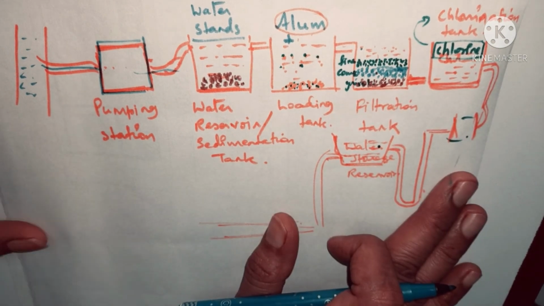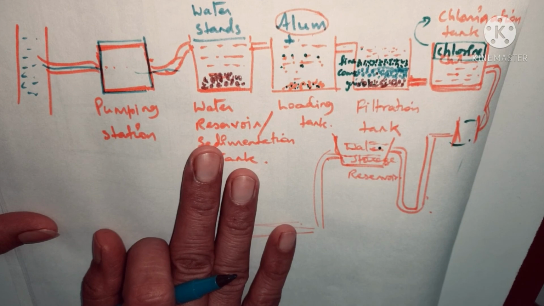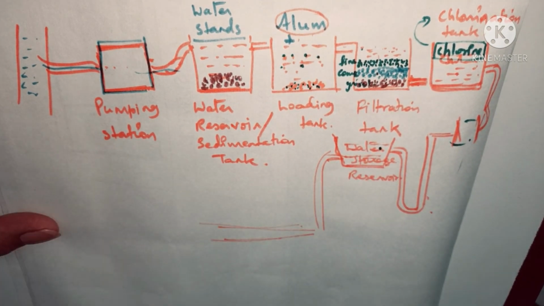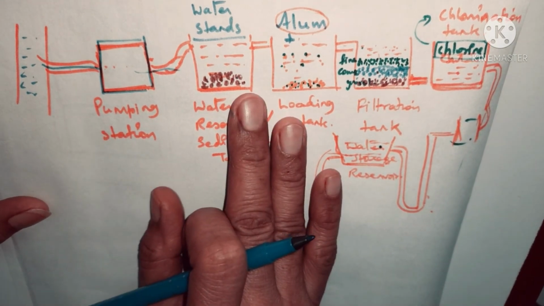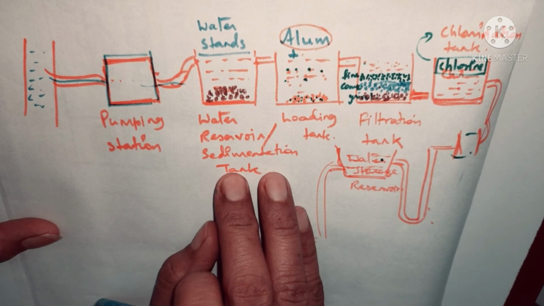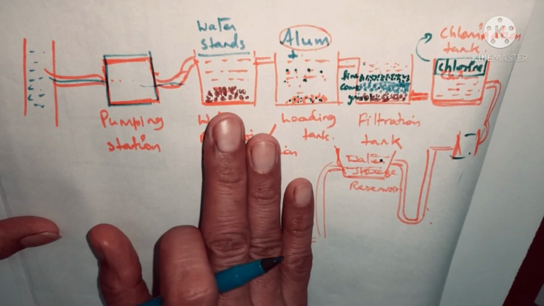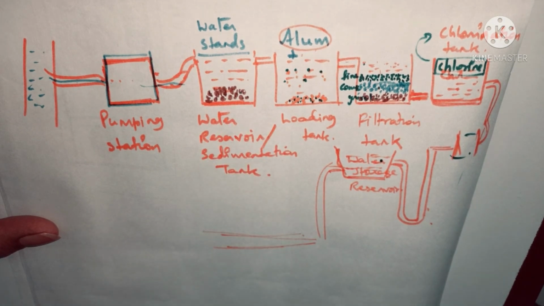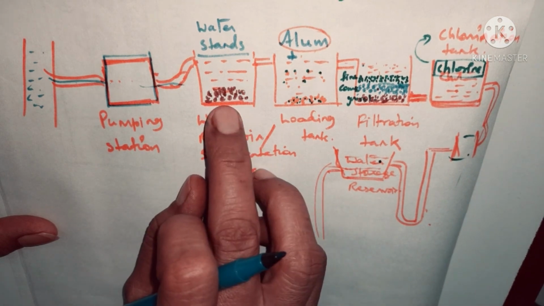I hope you have understood all the methods of this filtration. The water is taken to pumping stations, and from there it is passed to water reservoir tanks, where it is allowed to stand for a few days and the heavier particles settle at the bottom.